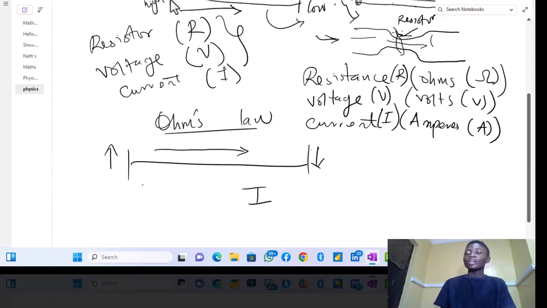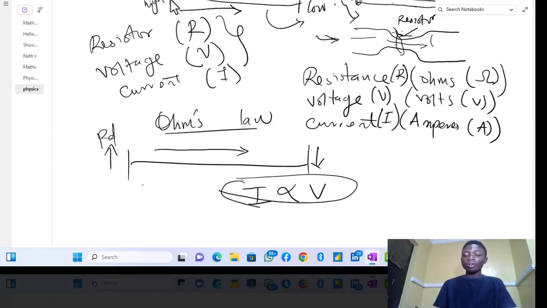Now, you should know that Ohm's law is applicable to metallic conductors. So the current that is flowing along a metallic conductor is directly proportional to the potential difference across its ends. Don't forget this potential difference. Higher potential, lower potential, and then current is flowing. So this is what Ohm's law states.